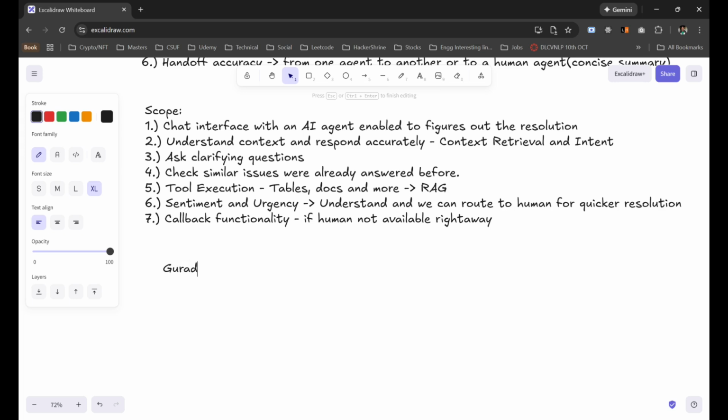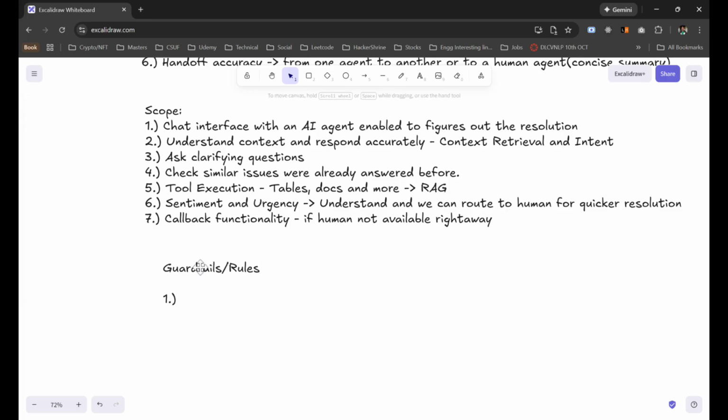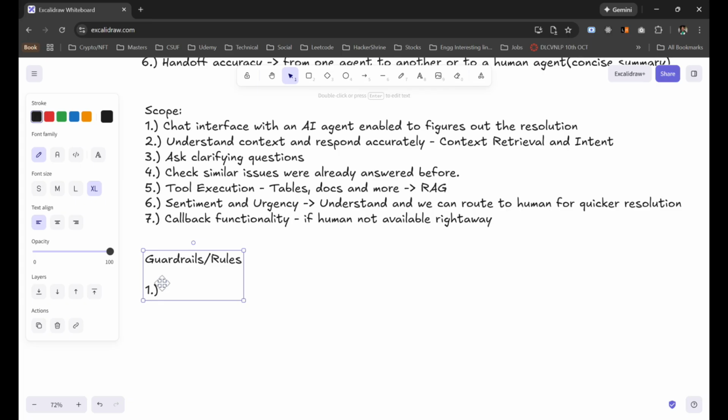The last thing that we have seen in previous videos also is that guardrails are important, which are just rules, right? So what type of rules should we have in our system is important to make a note of. One would be never authorize high refunds, or credits, maybe discounts.